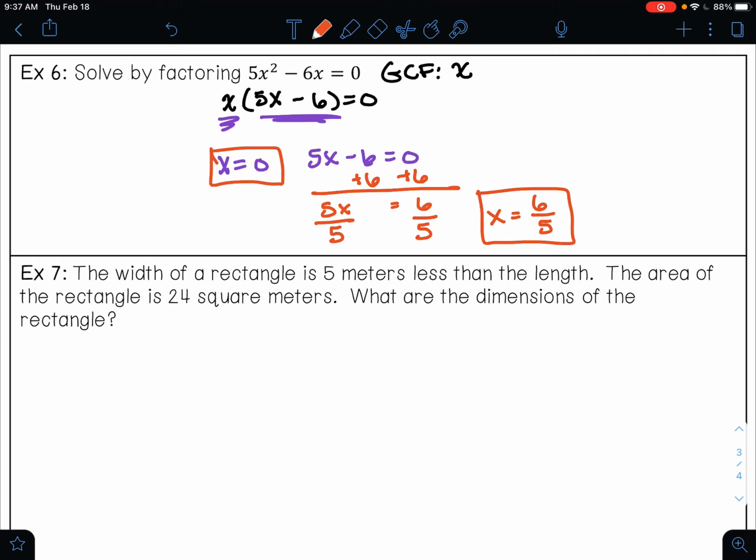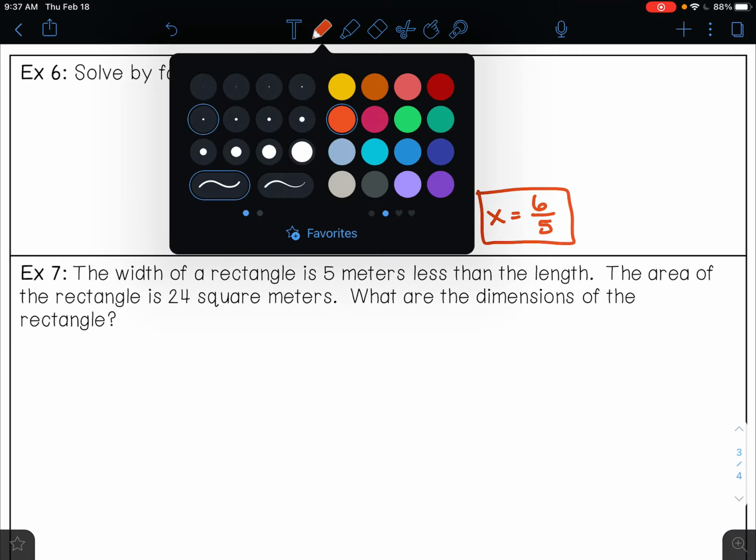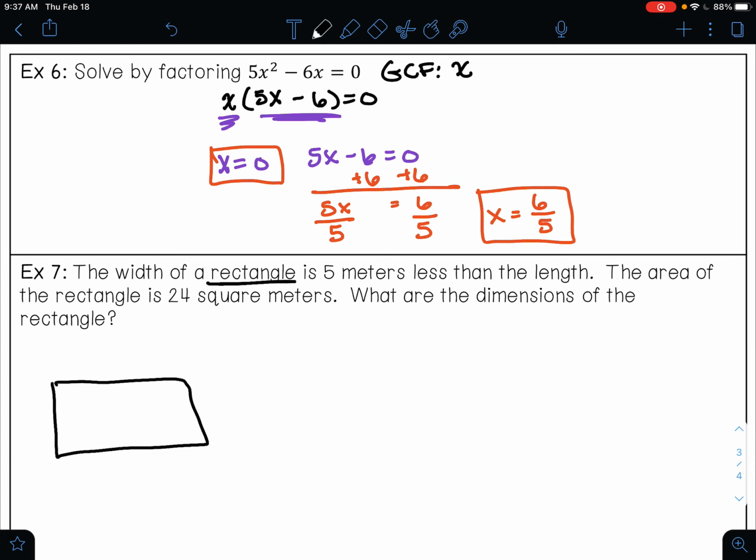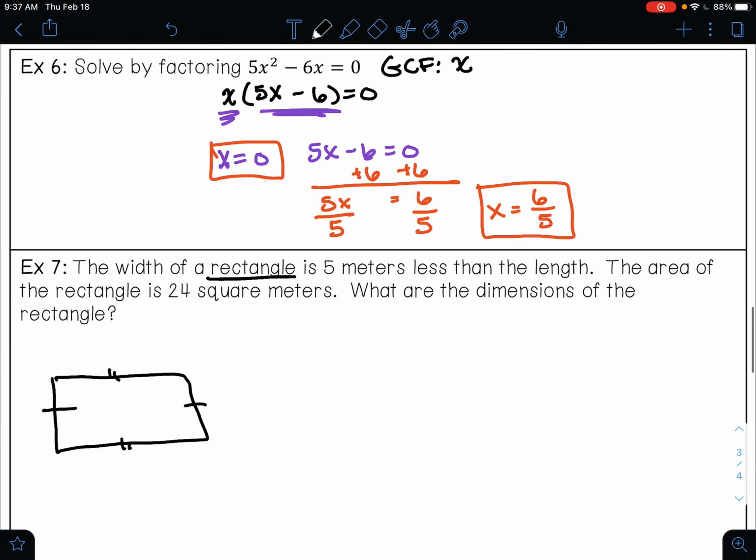On number 7, we have a word problem. So let's see what's happening in this situation. The width of a rectangle. As soon as I read that, I'm going to go ahead and draw a rectangle. The width of a rectangle is 5 meters less than the length. I don't know what the length is, so I'm going to call the length x.